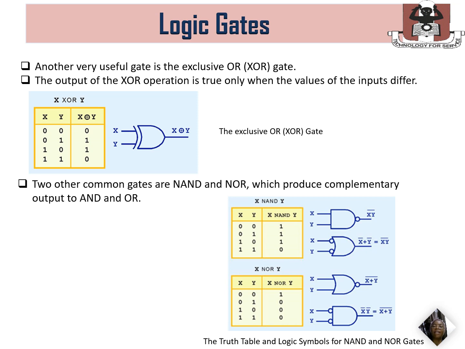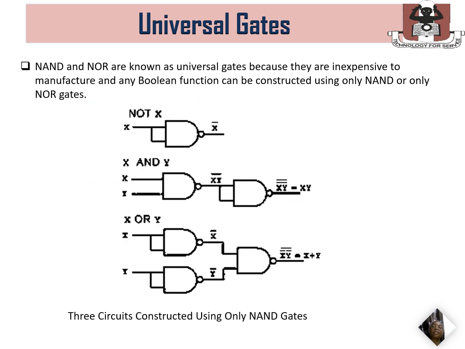Then we have the NAND gate and the NOR gate, as I mentioned before. The NAND gate is the opposite of the AND gate, while the NOR gate is the opposite of the OR gate. Then we have the universal gates, and the universal gates are mainly NAND and NOR gates.